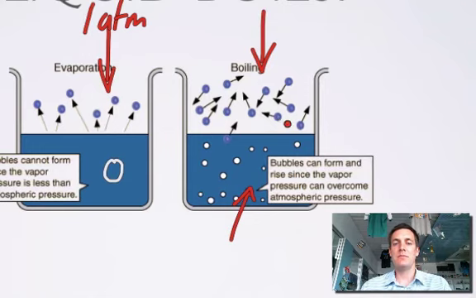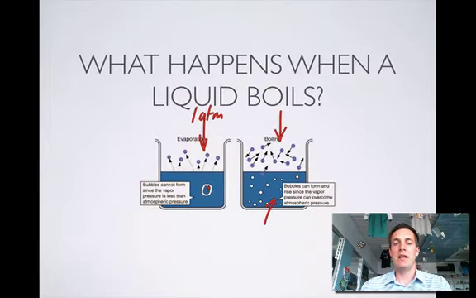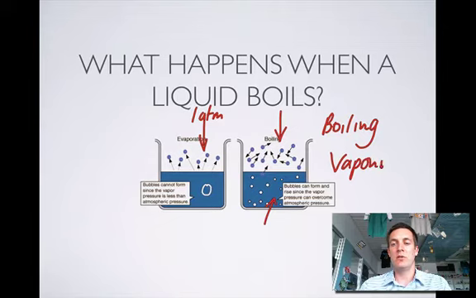Now, here the vapor pressure must have been less than the external pressure. Here the vapor pressure has reached the external pressure. So when a liquid is boiling, we say that its vapor pressure is equal to the external pressure.